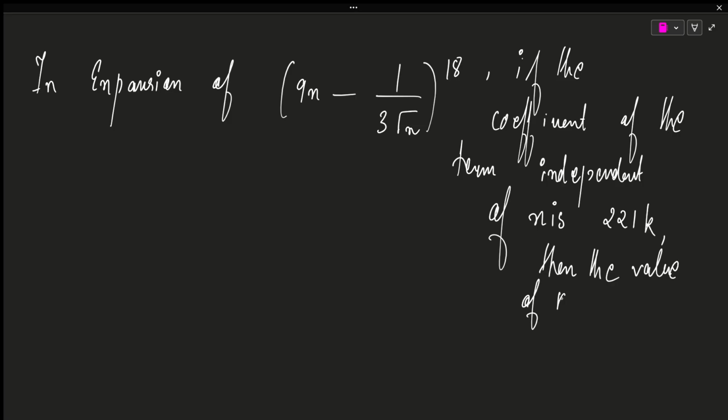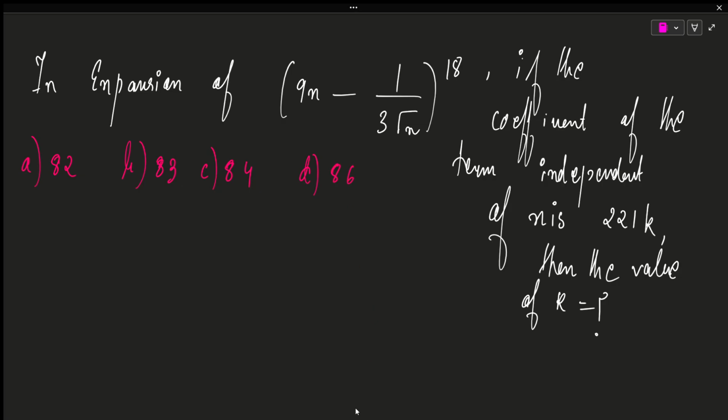Now I have my options over here. Okay, so my options over here are: A is 82, B is 83, C is 84, D is 86.